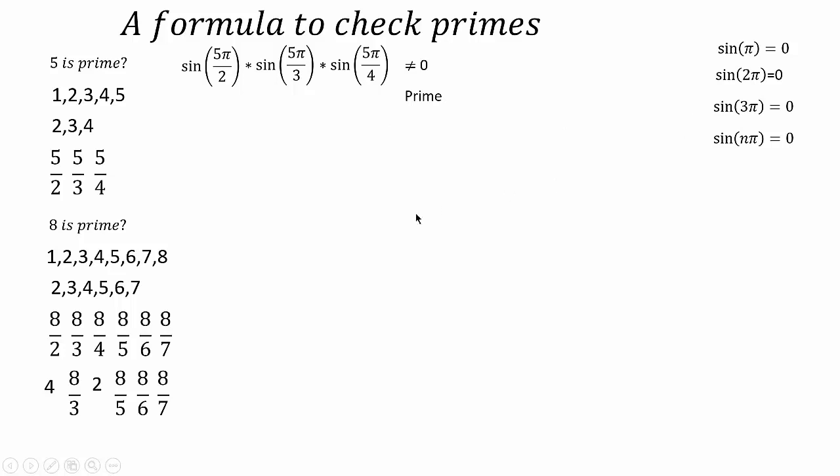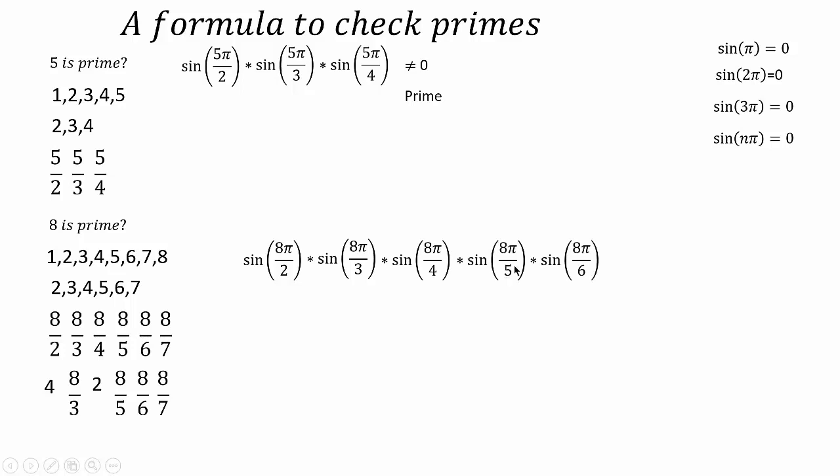Now let's apply this trigonometric rule. Let's put sine 8 pi over 2, and then 8 pi over 3, then 8 pi over 4, and so on, by 5, by 6, 7, and we will multiply all these terms.